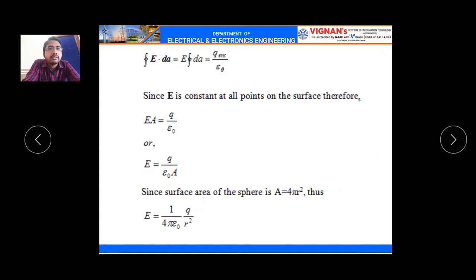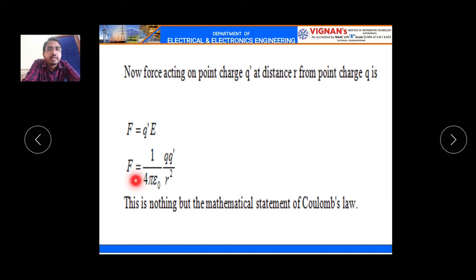So if I apply Gauss law formula, integral E bar dot dA bar is equal to enclosed charge q by epsilon naught. From this we are getting the same formula for force, which is nothing but Coulomb's law statement only.